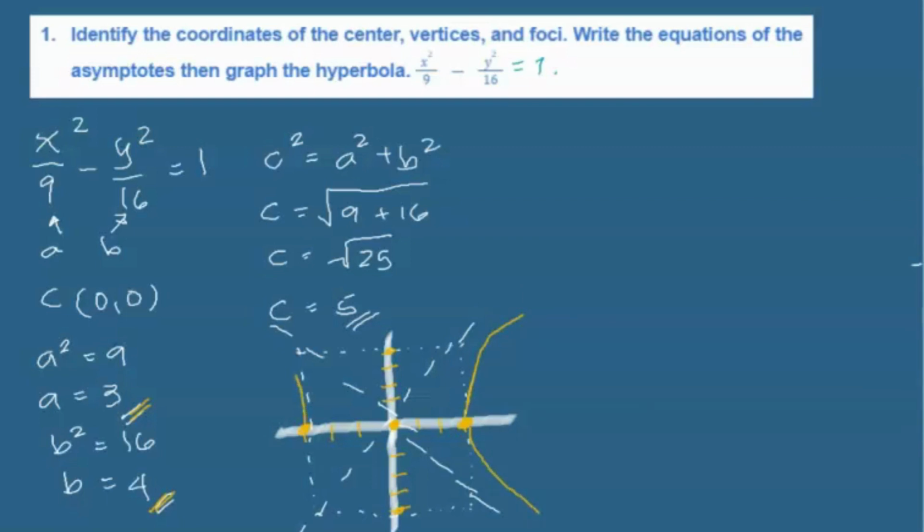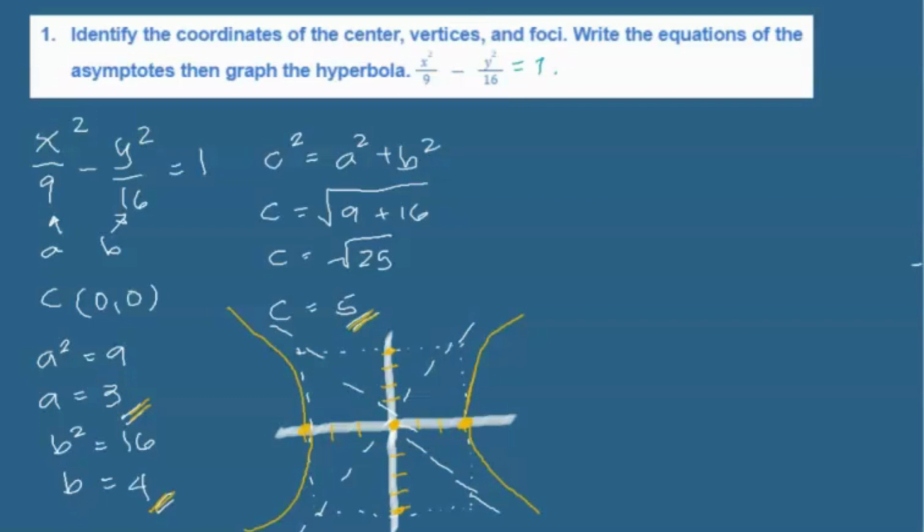So this is the vertex. Now let's graph our foci. Where do we know the foci? The foci is c. c is the distance from the center to the foci. So that's 5 units to the left and right.